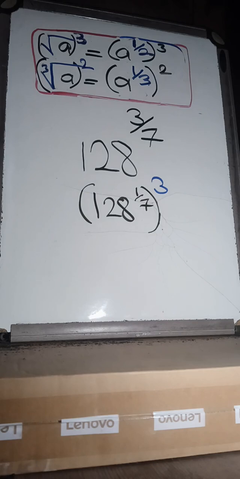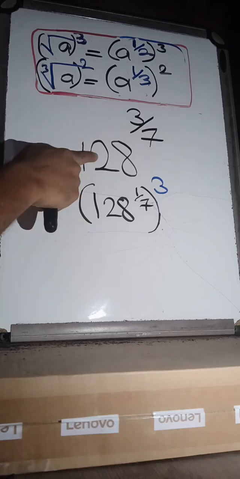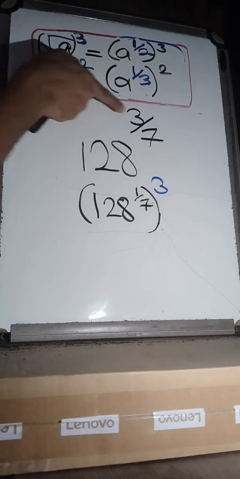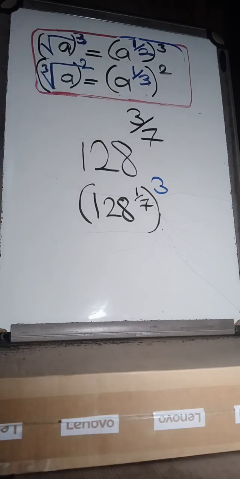The reason they do this is because they know that this number, when raised to a power, will cancel out that one.